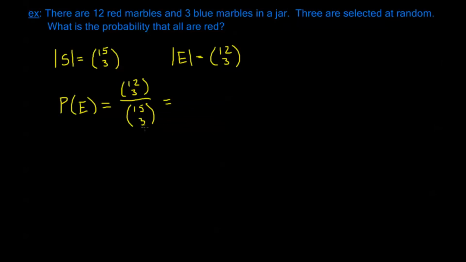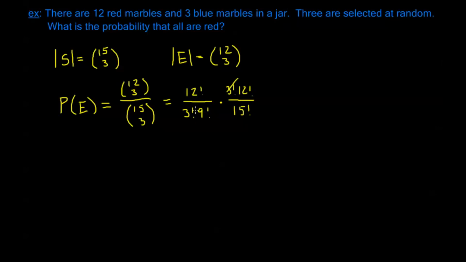Now we're dividing a fraction by a fraction once we write this in its factorial form. So I'm going to write the first choose function, 12 factorial over 3 factorial 9 factorial. And I'm dividing by 15 choose 3, so that's the same as multiplying by the reciprocal. So I have this 15 factorial on the bottom, and I have a 3 factorial, 12 factorial on the top.